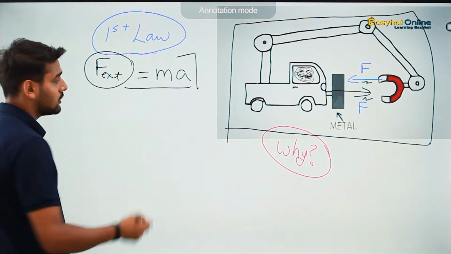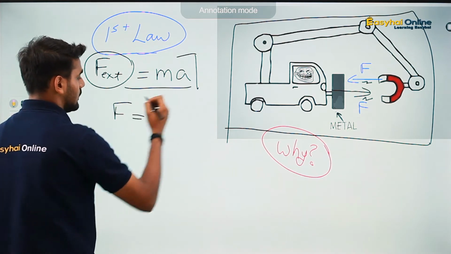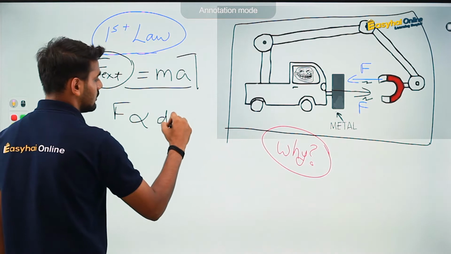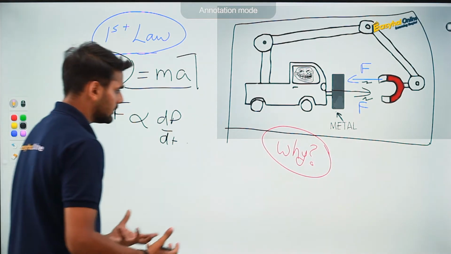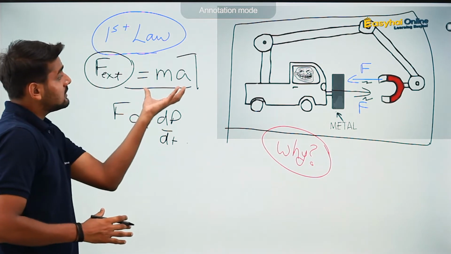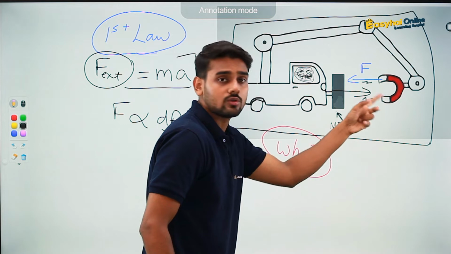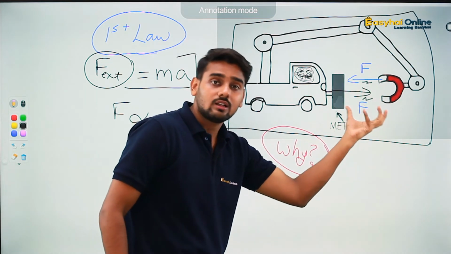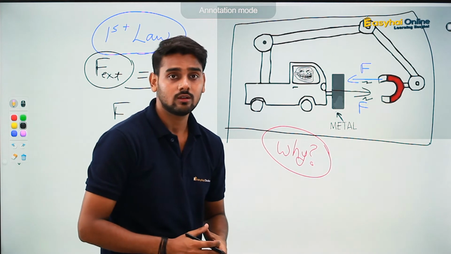In terms of the law, F is directly proportional to the rate of change of momentum, dp by dt. Anyway, the point is, there is no external force. Because these are internal forces, they are going to cancel in the system and the object will never move in any direction.